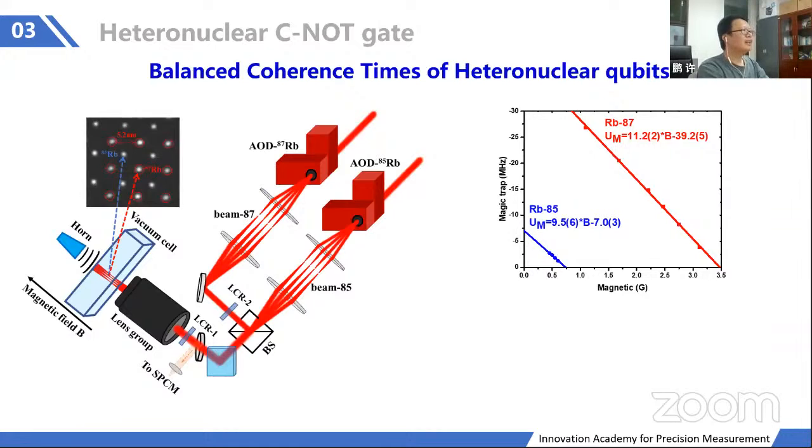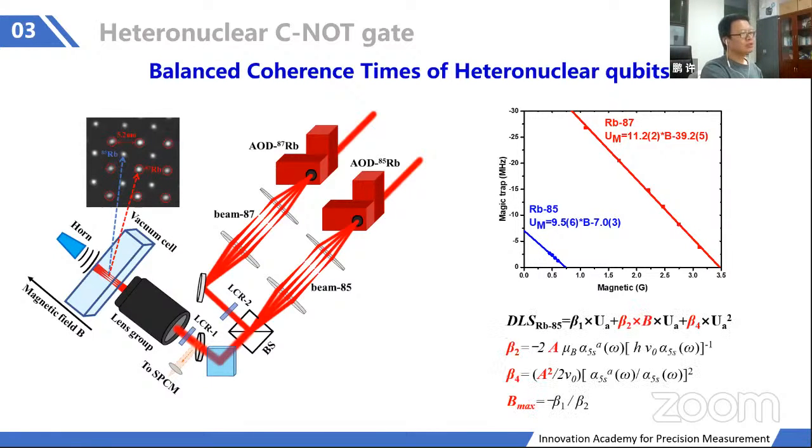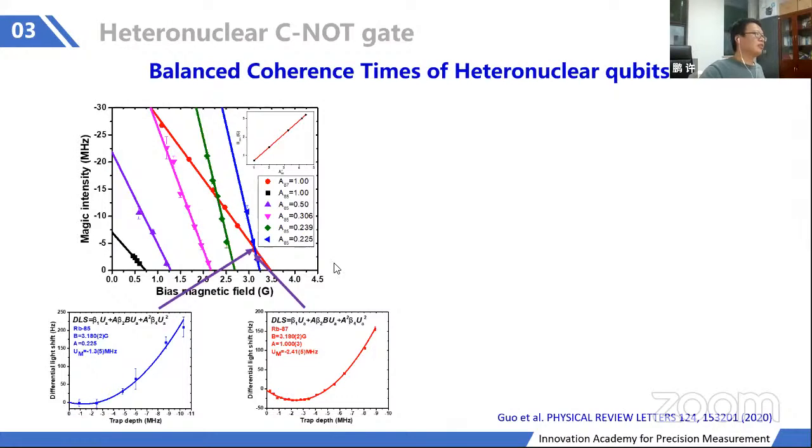Another interesting thing is we have balanced the coherence time of these two qubits, because for this heteronuclear system, we have rubidium-87 and rubidium-85, but the coherence time is quite different. So we just tune the circularity of the magic intensity trap to compensate for the difference between rubidium-87 and rubidium-85.